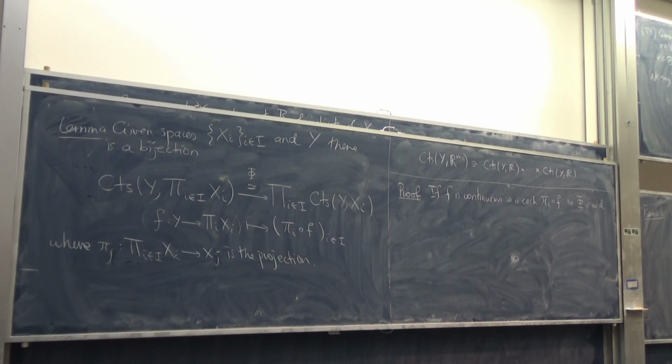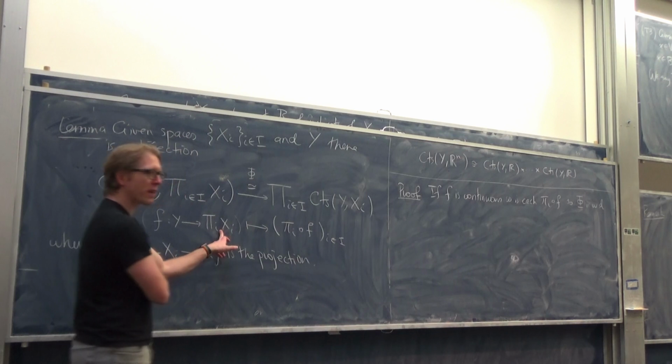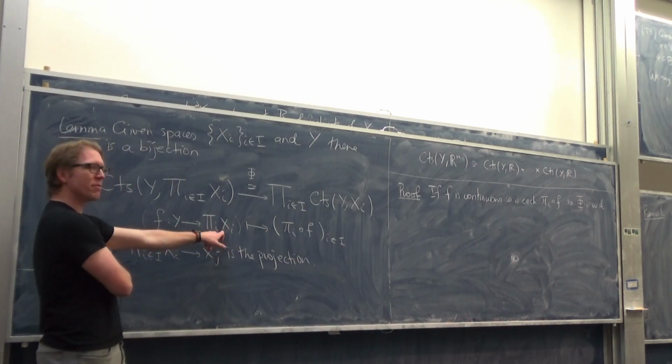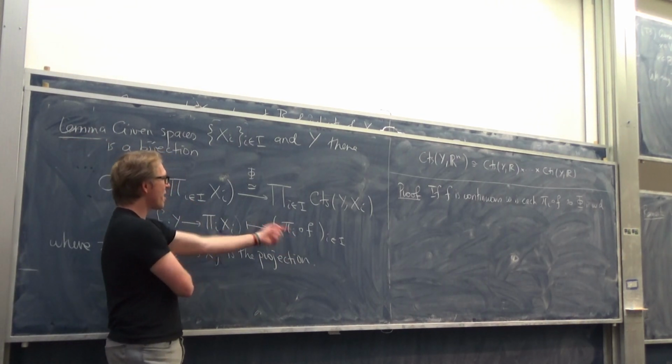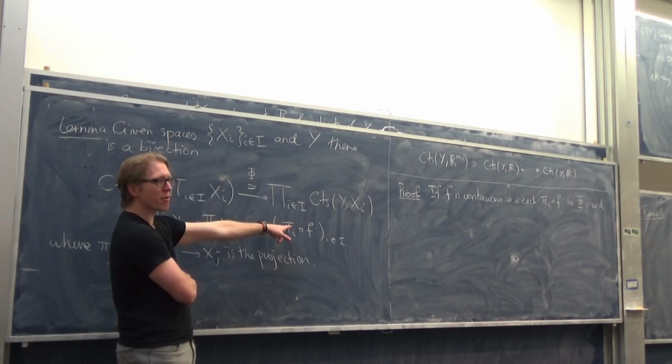Continuous functions are functions with some property, but if I tell you I've got some function into the Cartesian product, forget about the topology. That means for every y, I've got a sequence of things, and if phi f and phi g are the same, then in each position they put the same thing for every y.